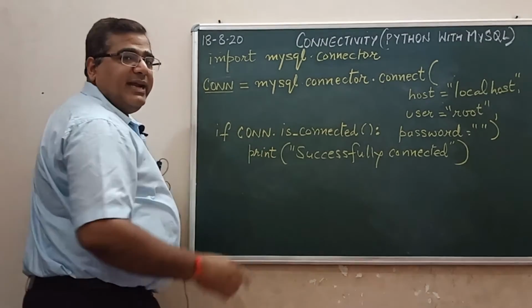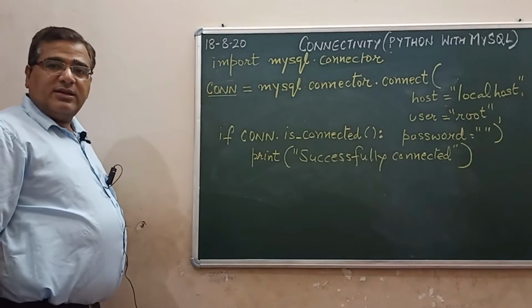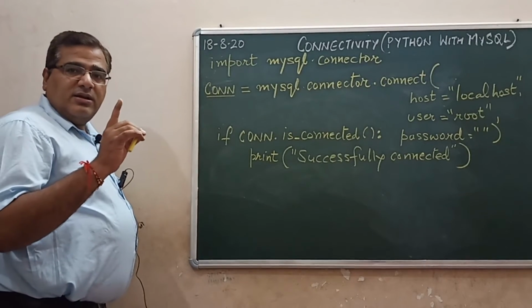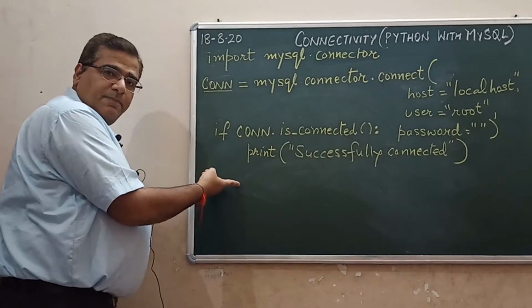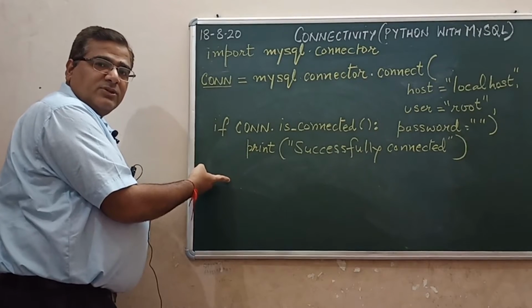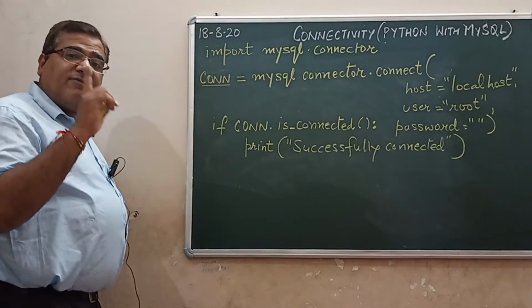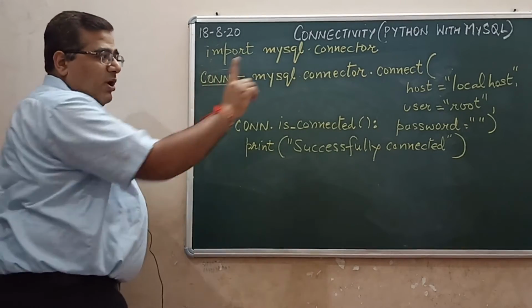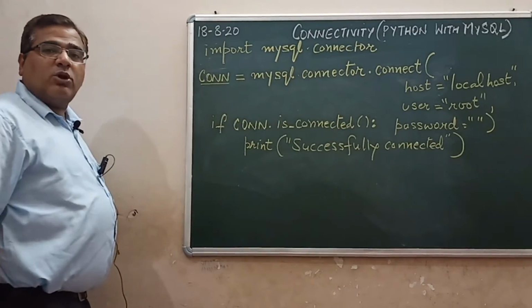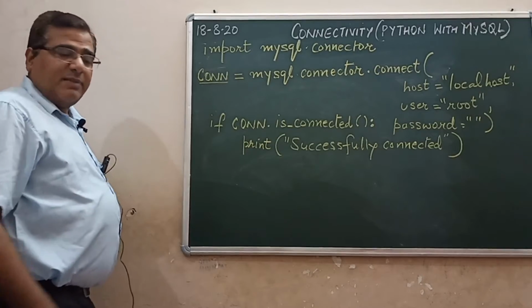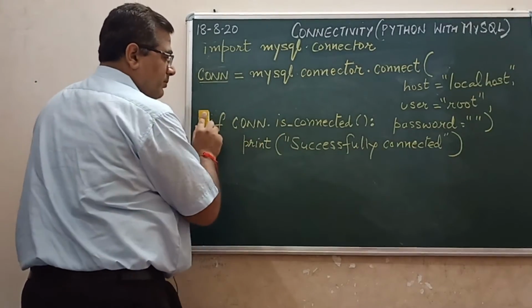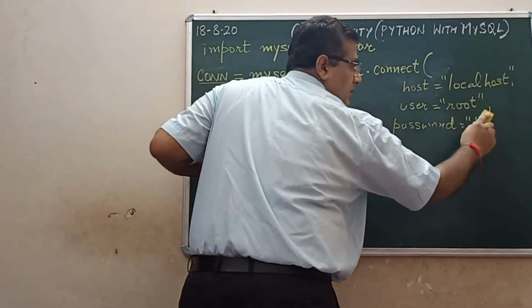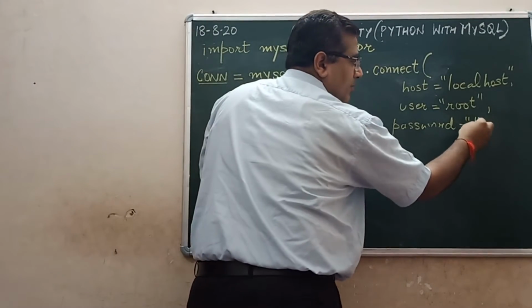I have to create a database. Database can be created later by the execute function, or if you have already created a database in MySQL, you can provide one more parameter over here regarding the database. I tell you how. After the password, put a comma.